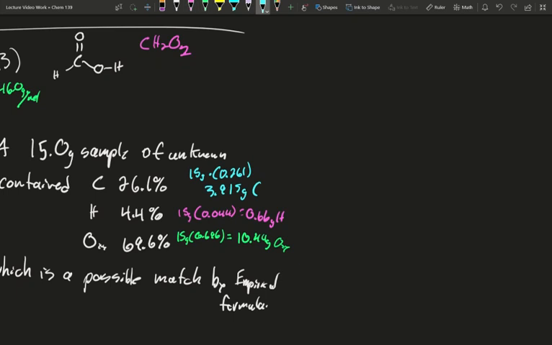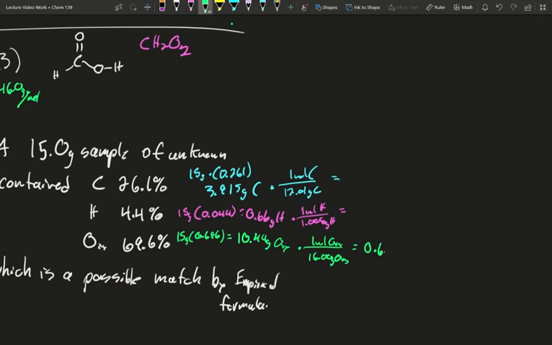And so I need to convert each of these. I need to turn my weight of carbon into moles. Well, there's 12.01 grams of carbon in 1 mole of carbon. And for hydrogen, there's 1.008 grams of hydrogen in 1 mole of hydrogen. And for my oxygen, there's 16.00 grams of oxygen in 1 mole of oxygen.